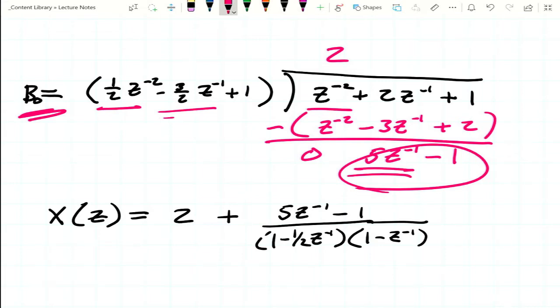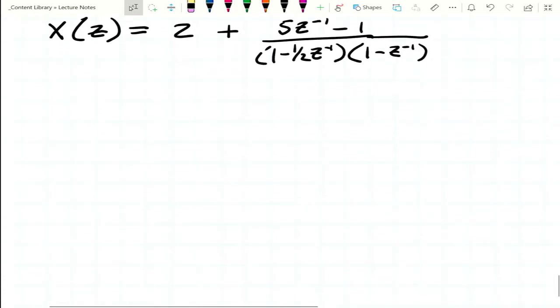Okay, now we do the a sub 1 and a sub 2, using the same formula that we had before. So we're going to hunt for a sub 1.